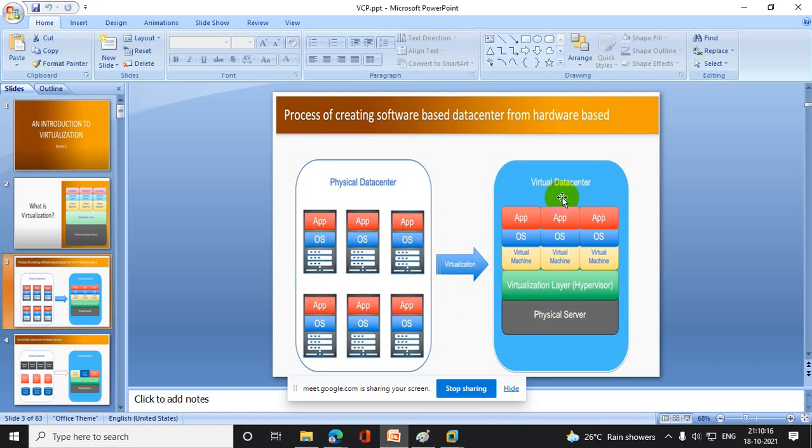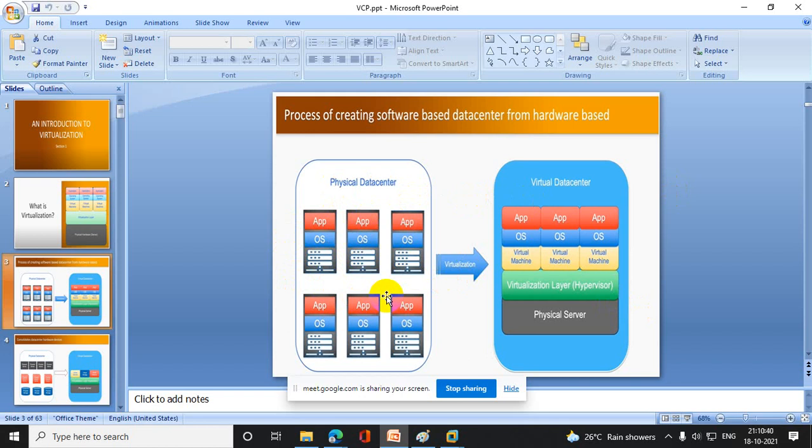Whereas in this virtual data center option, the 6 applications can be hosted on 1 physical host with multiple virtual machines on it. So this is the difference between a physical data center and a virtual data center. That means overall it reduces the price. Got my point?